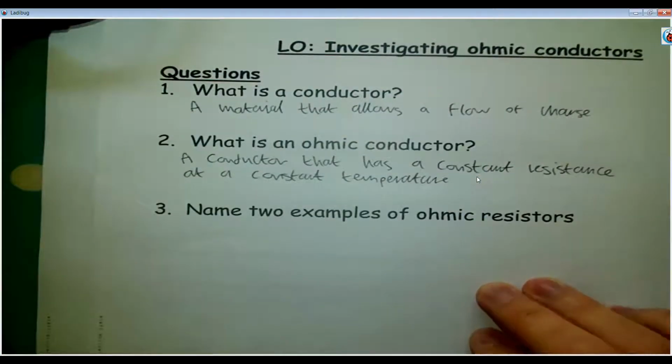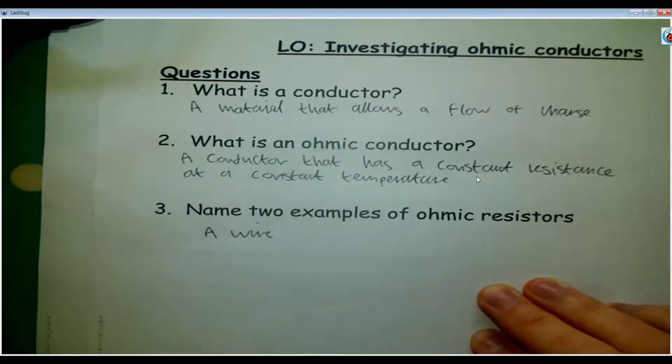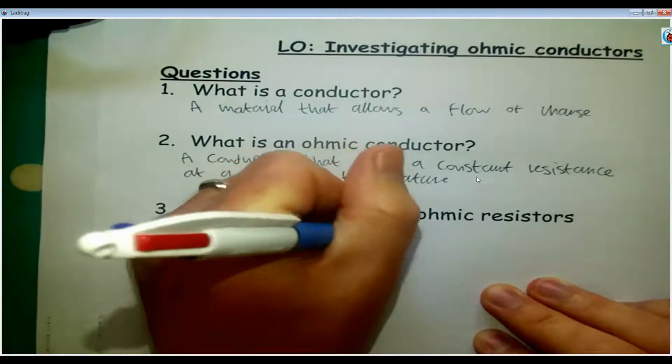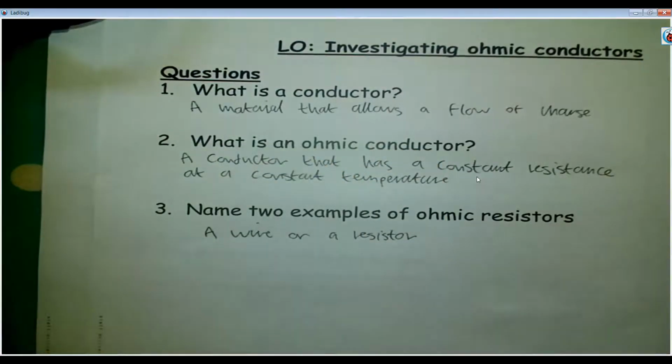And 2 examples of ohmic conductors would be a wire or a resistor. Pause if you need to and make a note, because that's some new knowledge for you.